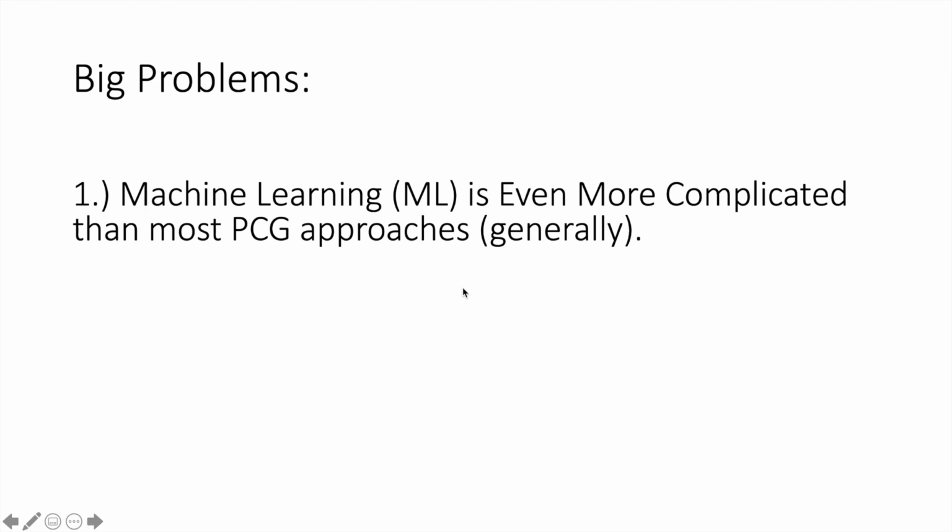So it might be hard for you to grasp these more complicated PCG approaches. Well, machine learning is an even more complicated version than that. So it's much, much more difficult for people who don't have that computer science knowledge to figure out how I express what I want in a way that the machine learning approach will learn what I want it to learn. That's tough.